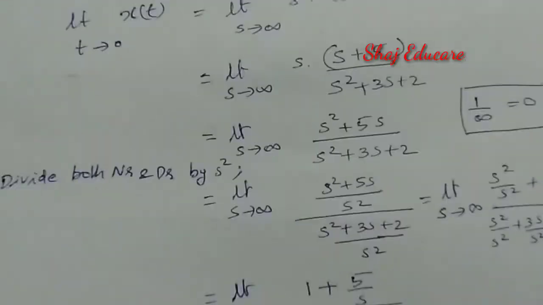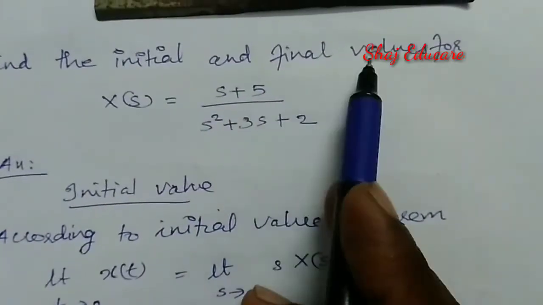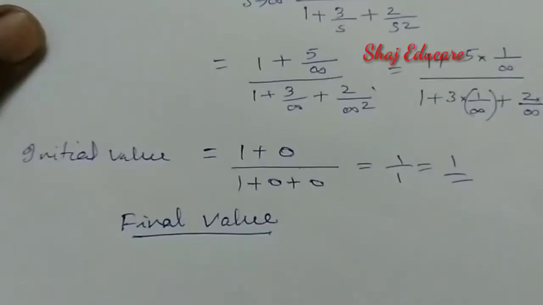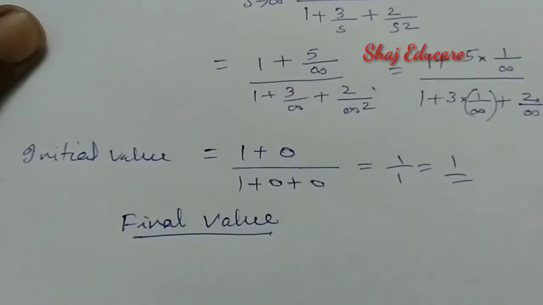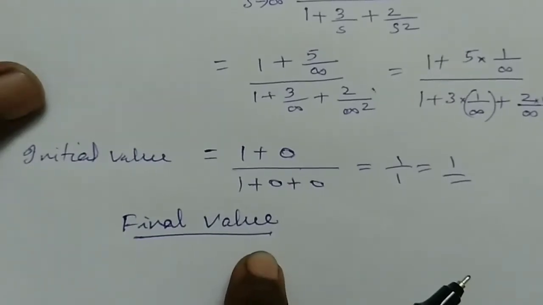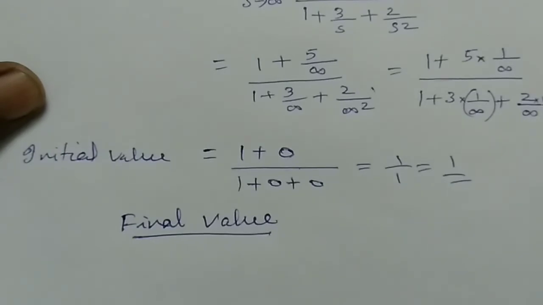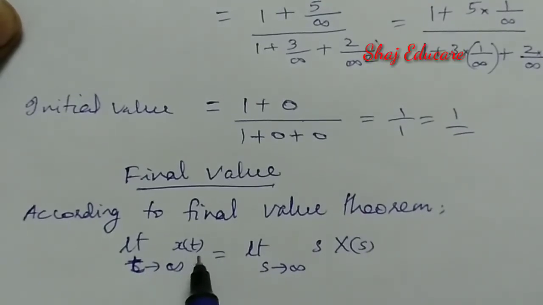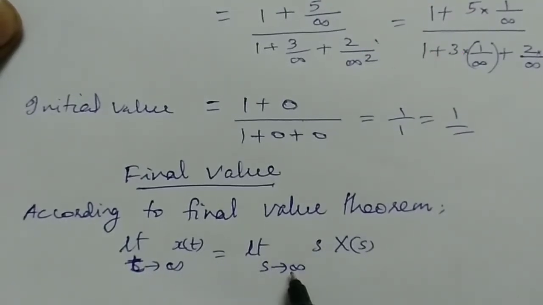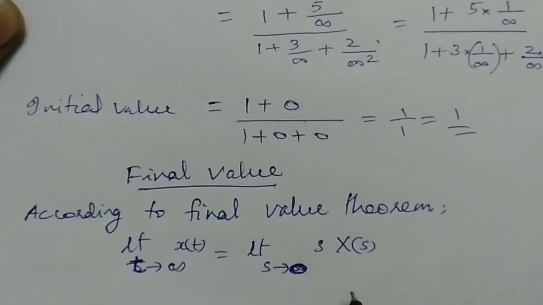And now let us find the final value also, that is asked in the question. In order to find the final value, we have to apply the final value theorem. We know that according to the final value theorem, the limit as t tends to infinity of x(t) is equal to the limit as s tends to 0 of s into X(s).